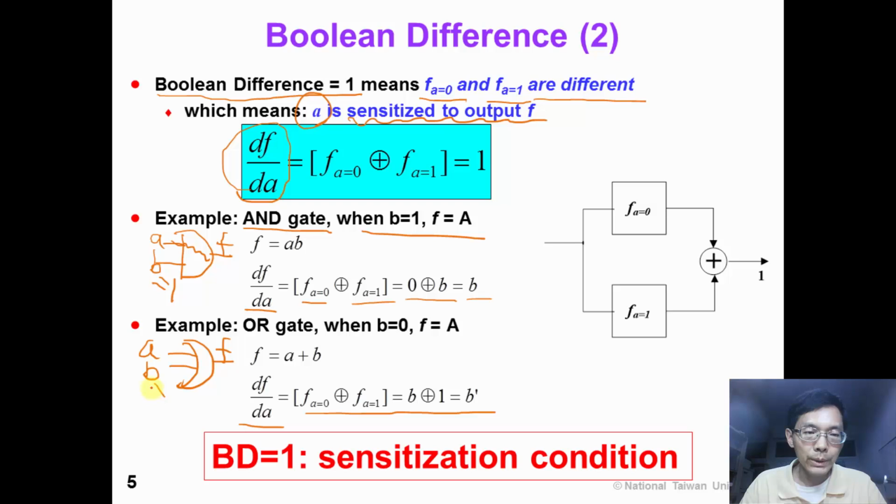When the side input B is equal to 0, A is sensitized to the output. So now we know that the meaning of Boolean difference is that f sub A equal to 0 and f sub A equal to 1 are different. That means A is sensitized to the output F.